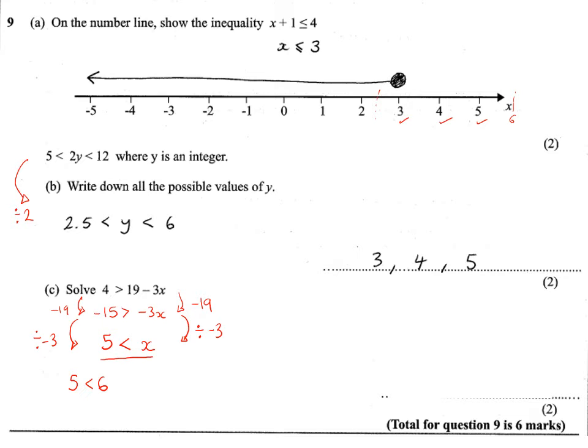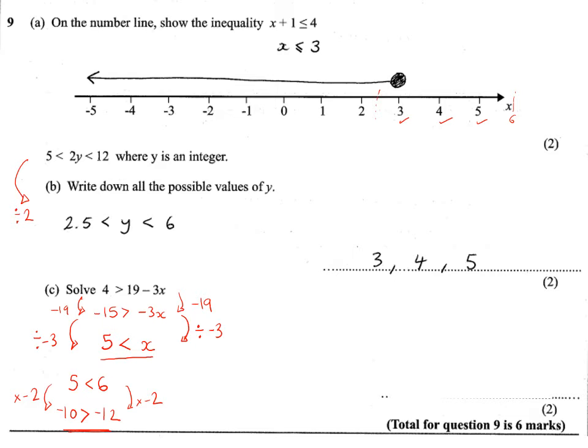But if I multiply or divide by a negative, let's say times by negative 2 on both sides, then we get negative 10 here and negative 12. And it is no longer true that negative 10 is less than negative 12. In fact, negative 10 is greater than negative 12 if you think about where it is on the number line.